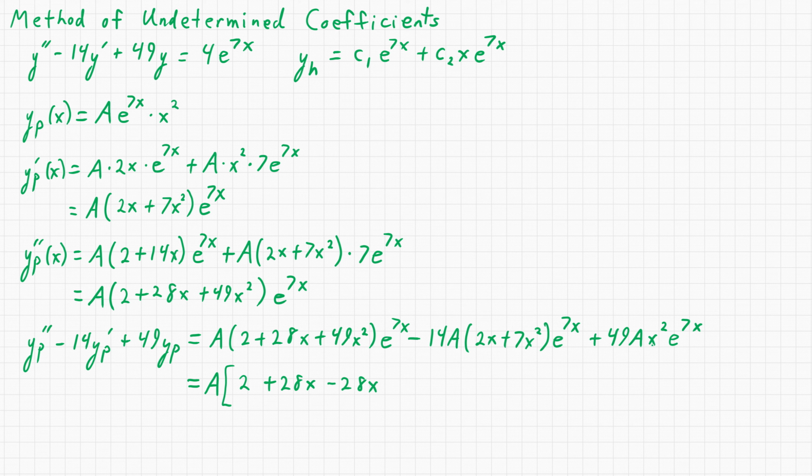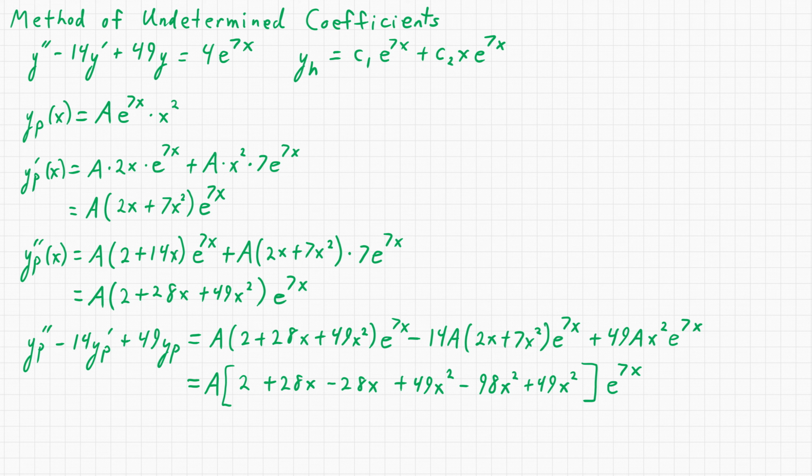And there are no x terms here, just x squared. Then I have the x squared terms, so I have a plus 49x squared and a minus, negative 14 times 7, that's 98, so that's a minus 98. And then I have another plus 49x squared, and then that's all times e to the 7x.